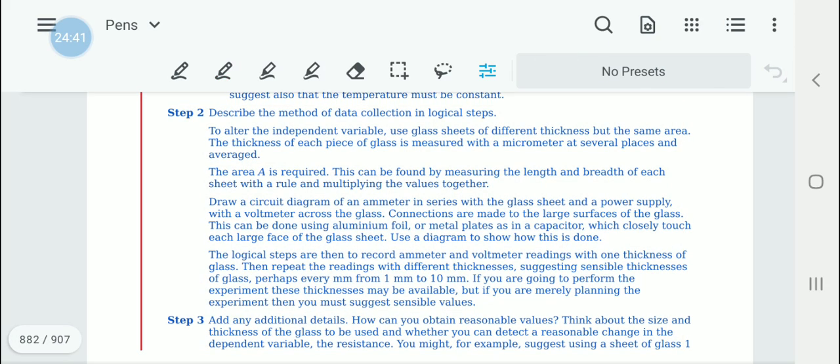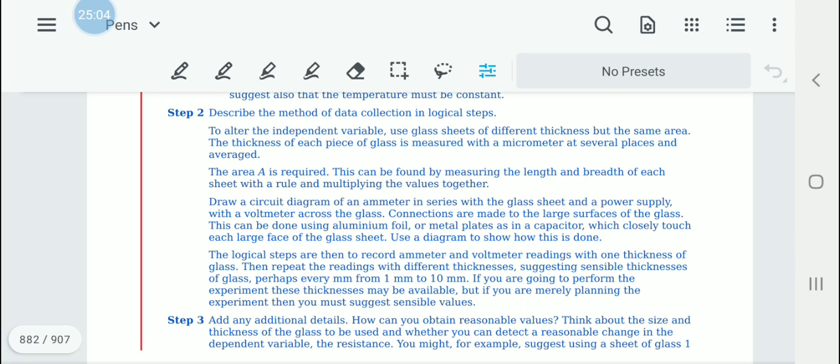Right, then you have to actually practically think about how these connections are made. You can't just directly keep the wire underneath that. You will have to use aluminium foil or something like that.